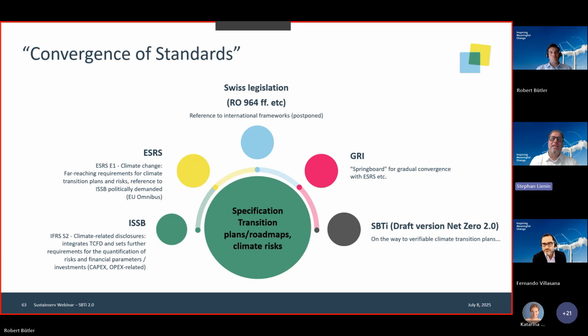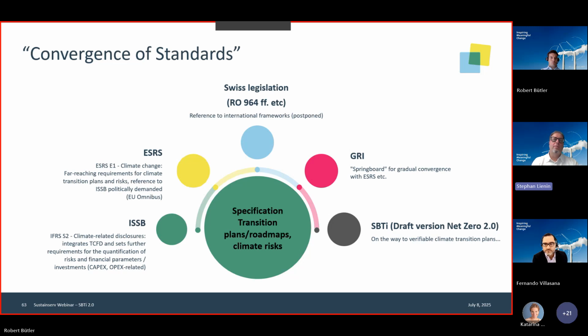Something like the climate transition plan or climate risks are covered by a number of standards. First, in Switzerland, Swiss legislation asks for that. But then also in the ESRS, under ESRS E1 climate change, there are far-reaching requirements for climate transition plans and risks. They are certainly under discussion within the EU Omnibus, as most of you are very well aware. But the climate transition plan will stay a central tool and instrument.